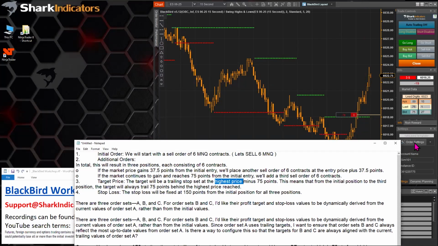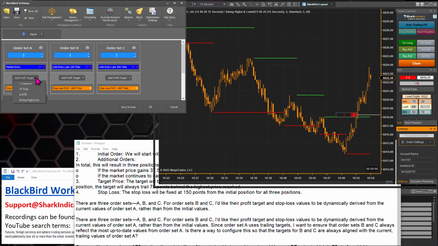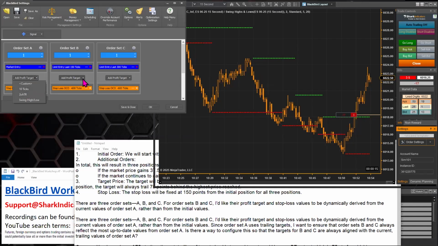All right, so let's open this up again. So let's set up our first profit target, and then once we get our first profit target in, we can copy the other profit targets. We can just copy this first one that we set up here. So we're going to use the swing highs and lows here.